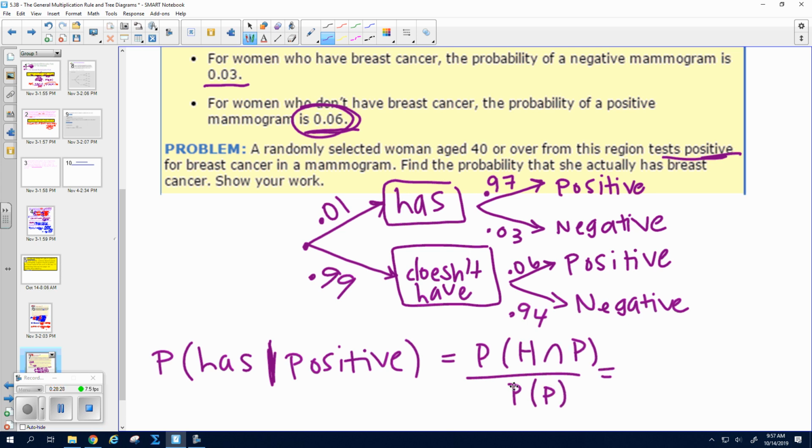So Addie, what two things do I multiply together that would represent the probability she has it and tests positive? Yep. So you multiply has it times positive. Okay, in the denominator is all the pathways to positive. So Abby, what are the two ways we can get to positive?